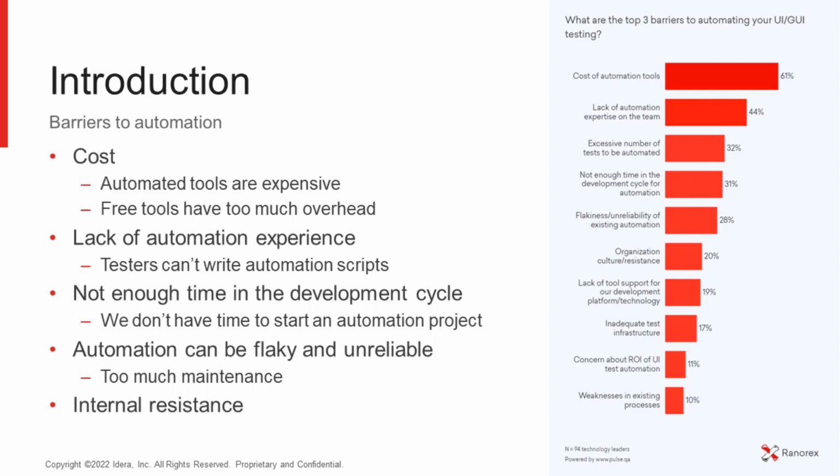So the idea of cost or expense comes down to perspective. How much does a bug actually cost you if it's released to production? Now, I'm not saying that automation is going to prevent every bug from reaching production, but if it helps you catch a couple of bugs that may have cost you $3,000 to $5,000 in support labor, lost revenue, you lose a couple of customers, then a few $1,000s extra on an automation tool doesn't sound so bad.